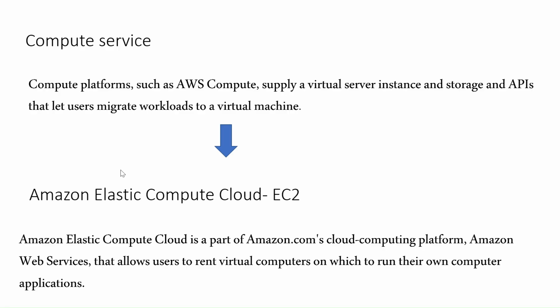EC2 is a compute service. So what is a compute service? Compute platforms such as AWS Compute supply virtual server instances and storage and APIs that let users migrate workloads to the virtual machine.